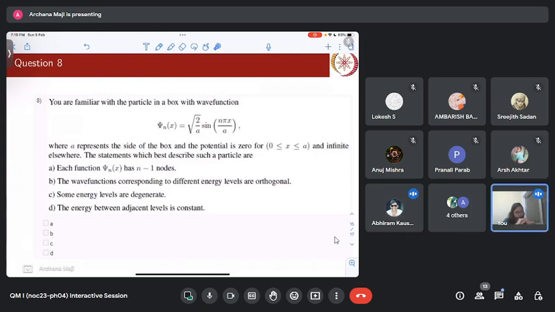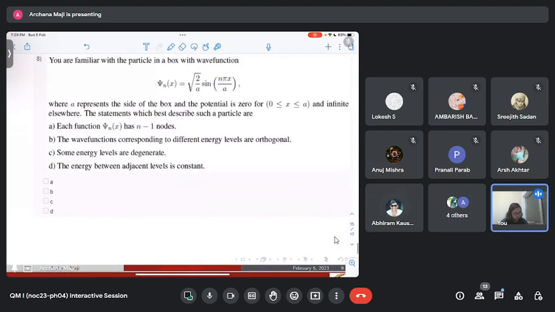D says energy between adjacent levels is constant. I think no. What was the energy spectrum for a particle in a one-dimensional box? n squared pi squared h-bar squared upon 2 m a squared. Exactly. So A and B, sorry. Yeah, correct.